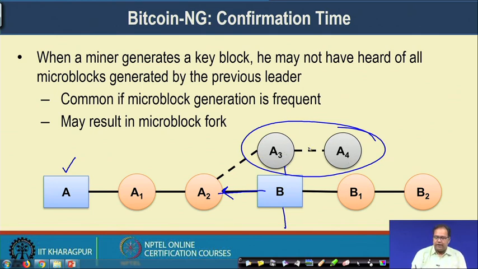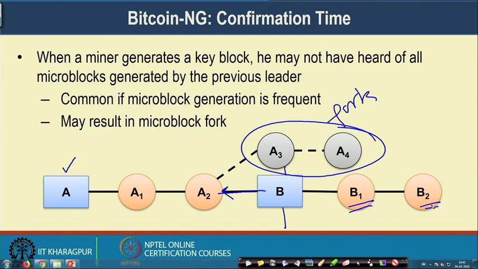So, these microblocks A3 and A4 become a fork, a microblock fork, because B then subsequently adds its own microblocks B1 and B2. This kind of thing is common if microblock generation is frequent. If you are frequently generating microblocks, then it may happen that you have generated a microblock that is not heard by B, and this may result in a microblock fork.